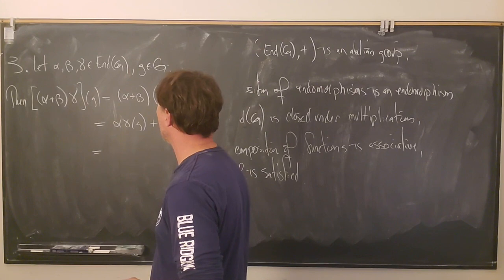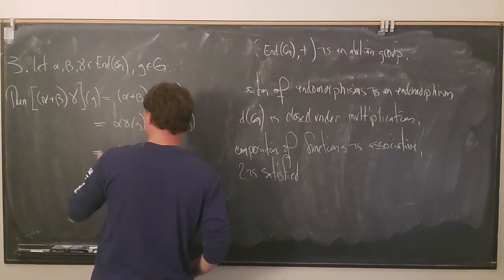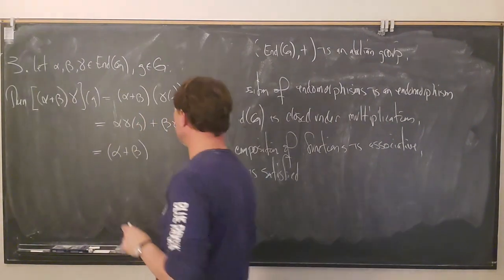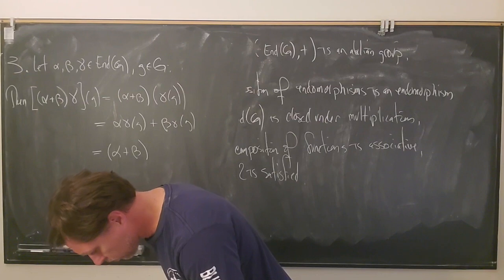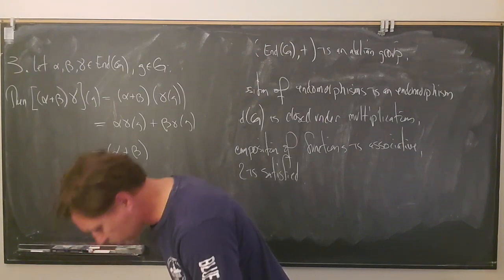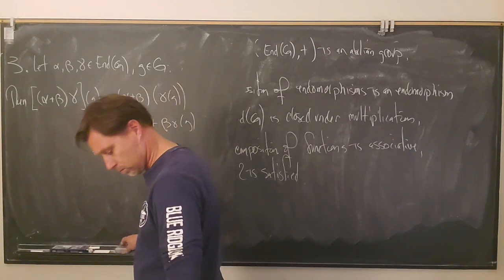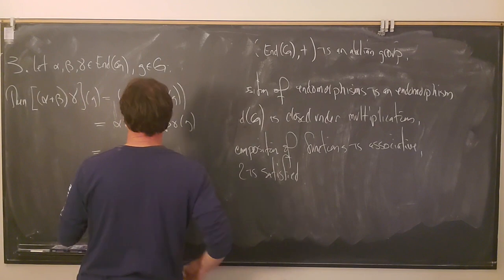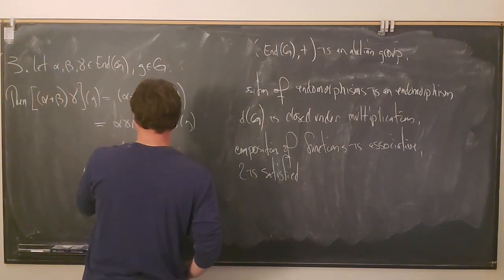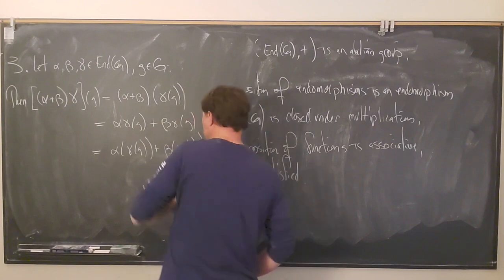Well, okay, let me just say it a little bit nicer. This is alpha of gamma of g plus beta of gamma of g.